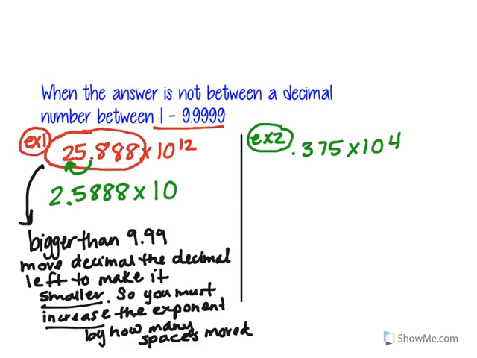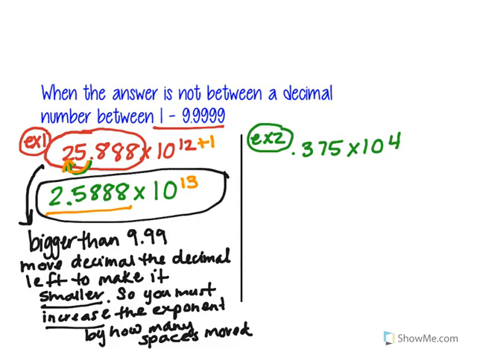So you must increase the exponent by how many spaces moved. So for this one, we moved one space to the left in order to make this number smaller. So we have to make the exponent larger by however many places we moved the decimal. So 12 plus 1 would give us 13. So this would be our final answer because this number is written in scientific notation.